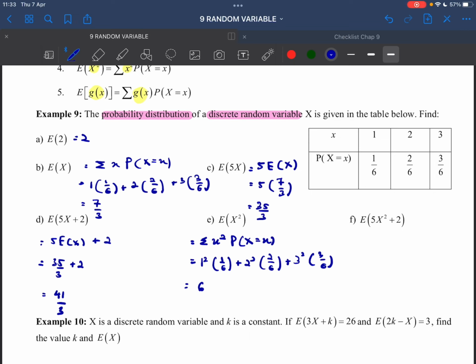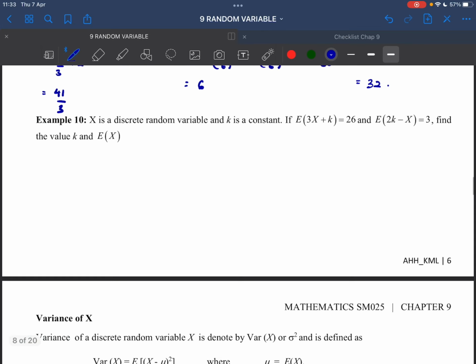The last one, using the properties, we have 5E(X squared) plus E(2), or 2. So 5 multiplied by 6 plus 2, and the answer is 32. That is how we use expectation properties to answer the question.